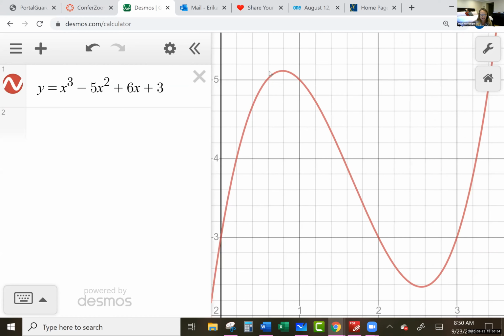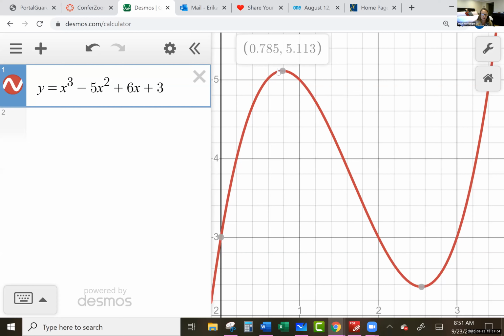And I told you that was going to be where we probably hit a max or a min. So if I put my cursor here and click on this, notice the value I get, 0.78, that x value that I estimated. And this one is going to be 2.5, and I rounded it up to 5 because of the 9. So we found the x values right here where we have maxes and mins on that curve.